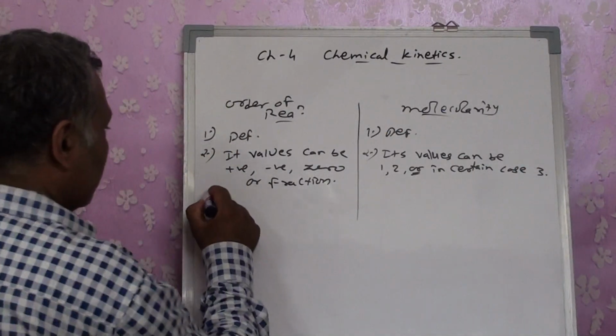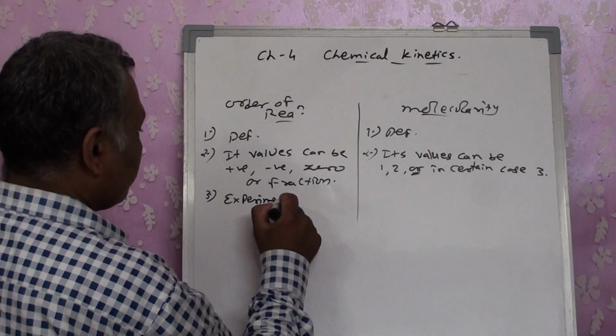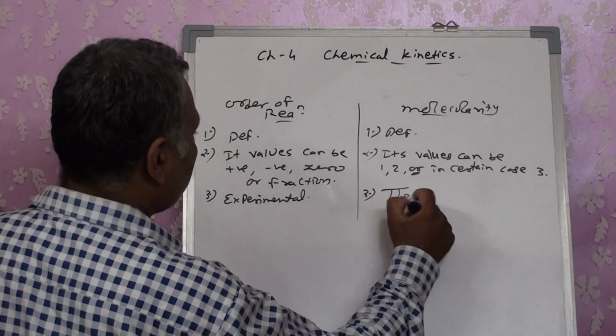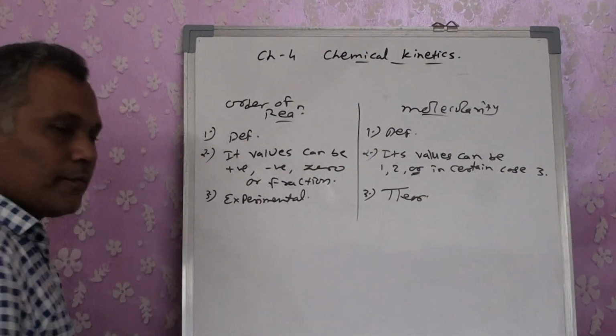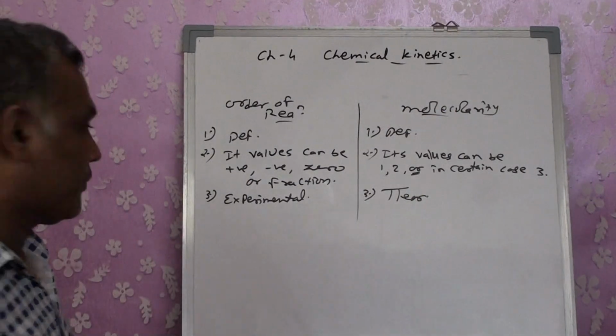We wrote that order is experimental, while molecularity is theoretical. Its value can be written down theoretically just by seeing the reaction.